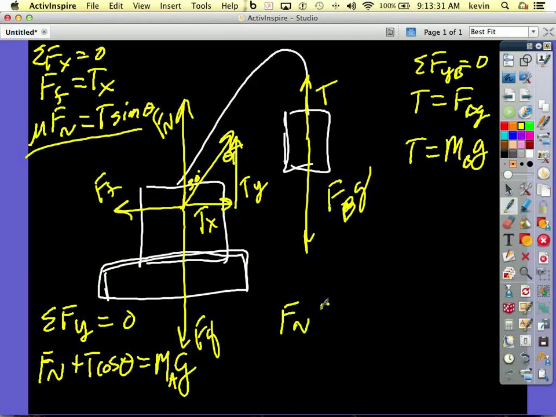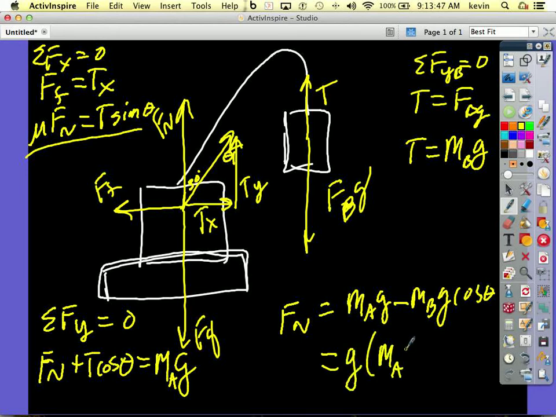So Fn is going to be equal to M_A g minus T cosine theta, and T is M_B g, so I can do M_B g cosine theta. And so I get g times M_A minus M_B times cosine of theta. What are the masses of these things? A is 20 kilograms, B is 5.